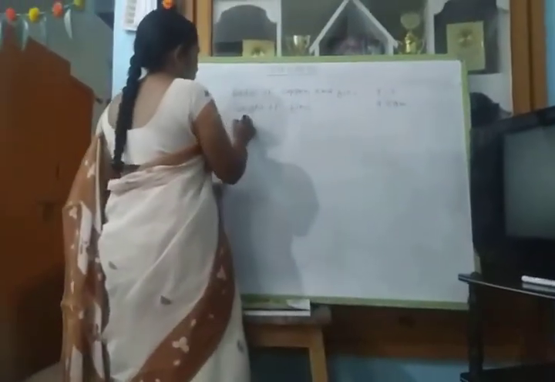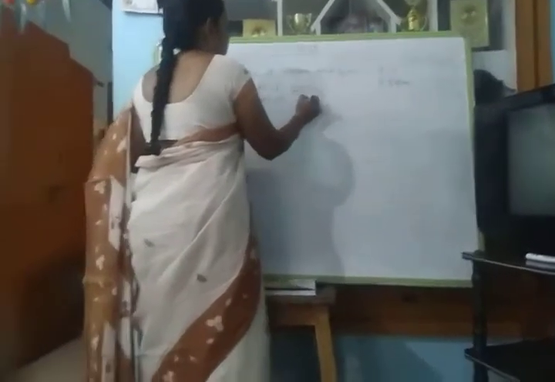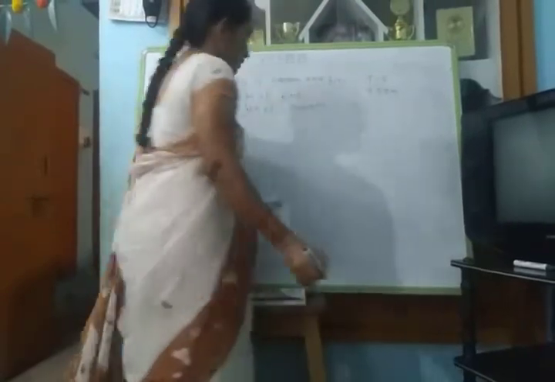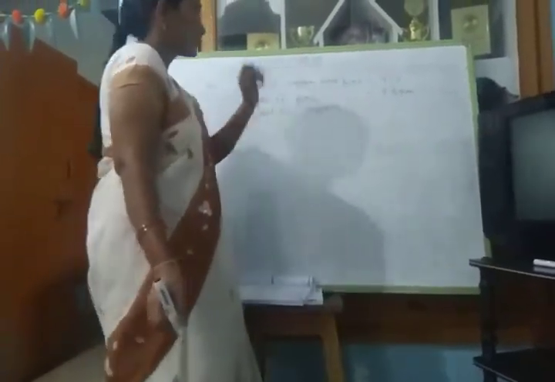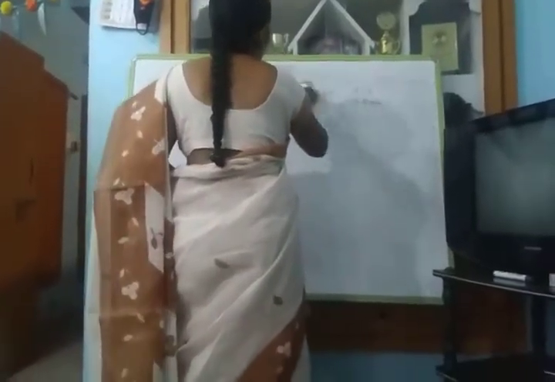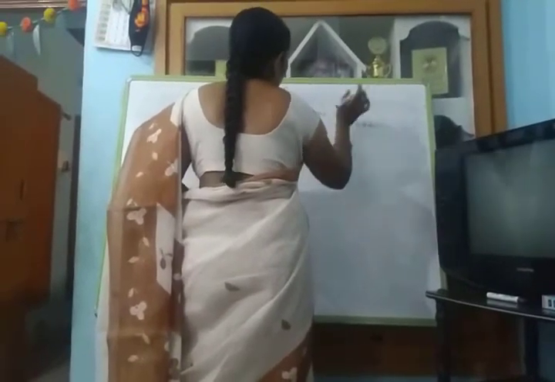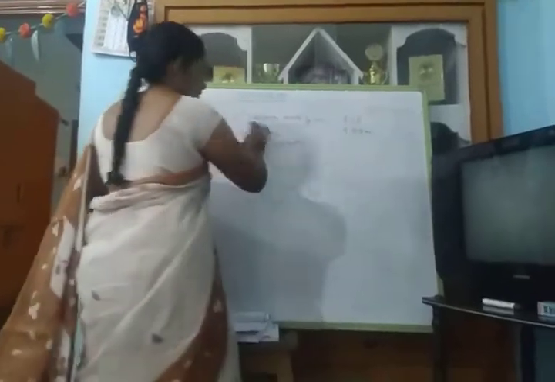Then we have to find the weight of copper. This ratio chapter we also had last year. In this ratio, 9 is the copper term and the zinc term is 5. The first term is copper, the second term is zinc, and they have given the weight of zinc.